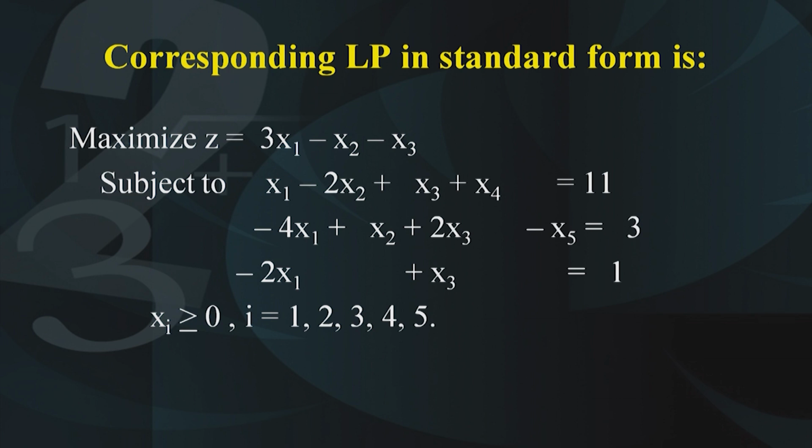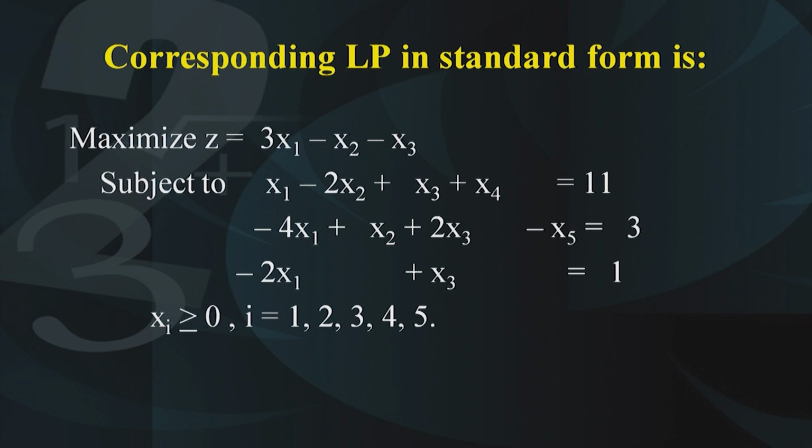Now, the first constraint was of the less than or equal to type, and therefore, in order to convert this inequality into an equality, we need to add a variable which we will call x4. And what is this x4? This x4 is called the slack variable.